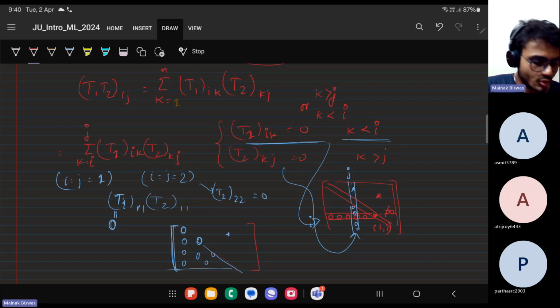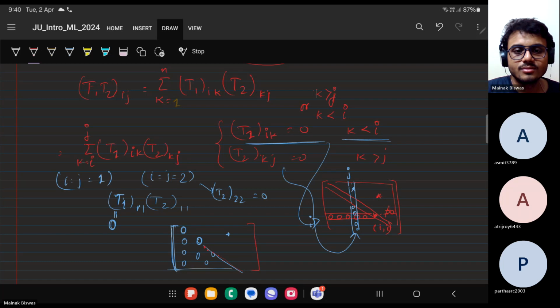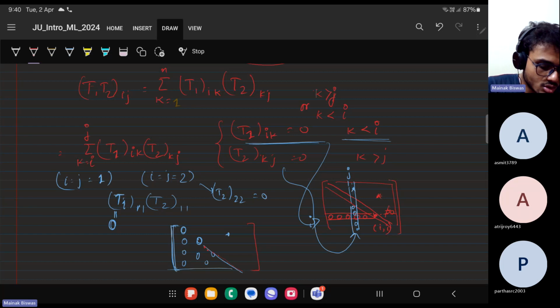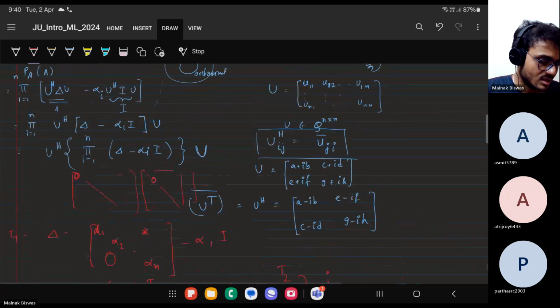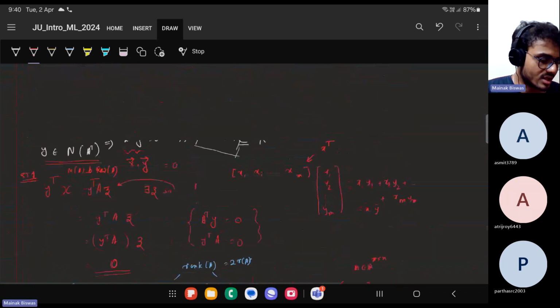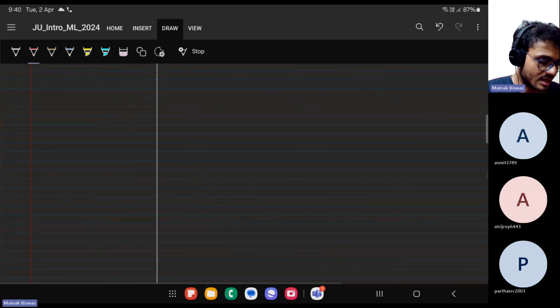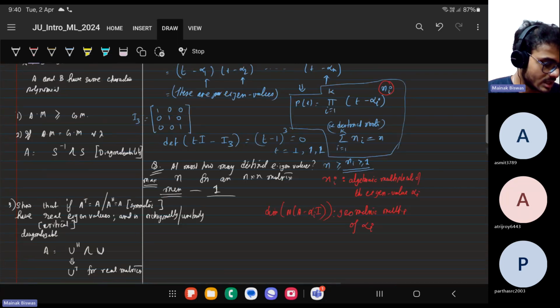What does it mean? All the eigenvalues are 0, which means your product is going to be 0. This matrix itself will go to 0. Just go and check it for every ij. It will be very simple. I don't think there's any problem with this. That's why it satisfies this equation. I think calculations are not a good thing to do in class. I'll not do it.